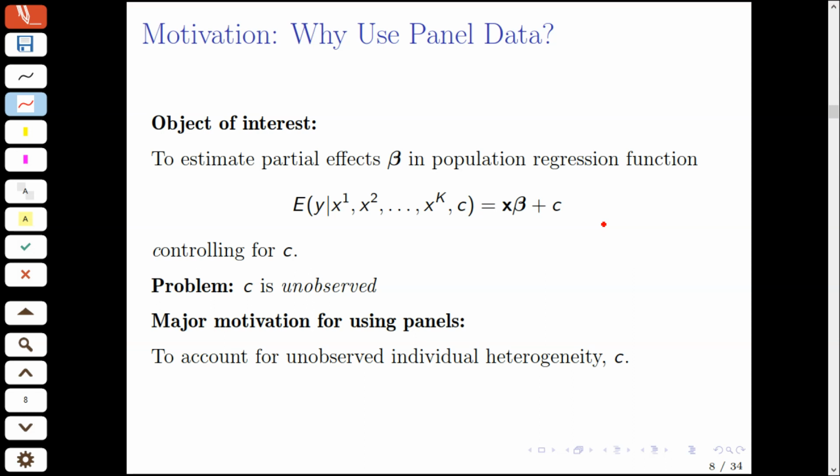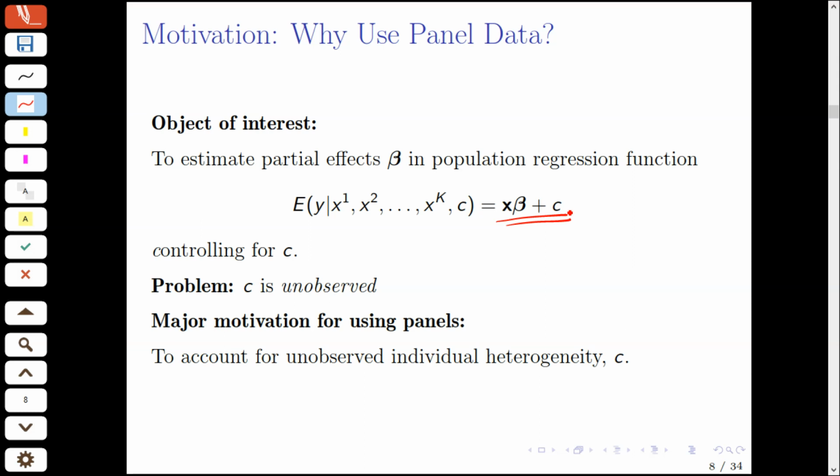Typically in econometrics, our object of interest is to estimate some sort of partial effect from a population regression function. When we specify a linear population regression function, as we've done here, partial effects are directly related to the coefficients, here denoted by beta.